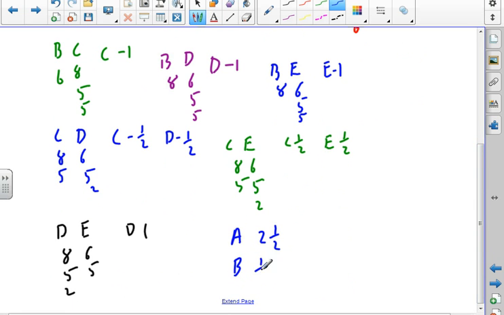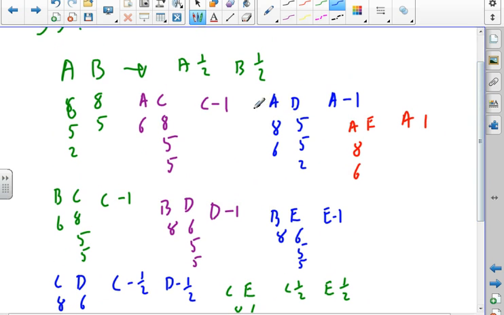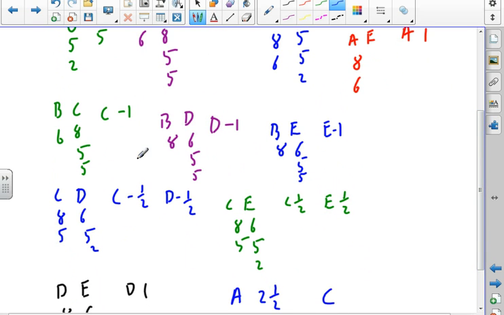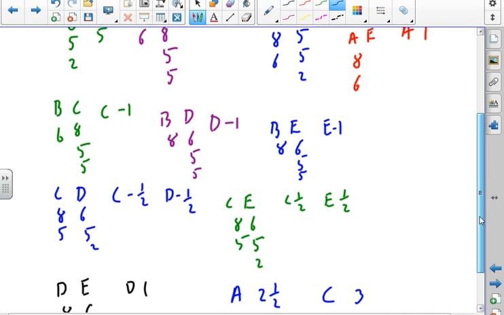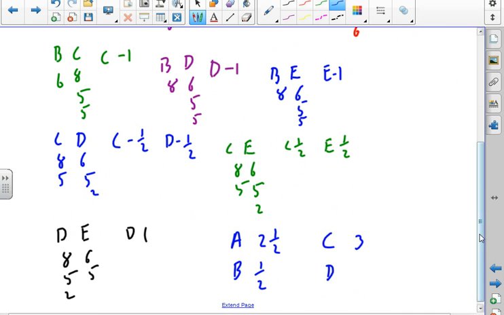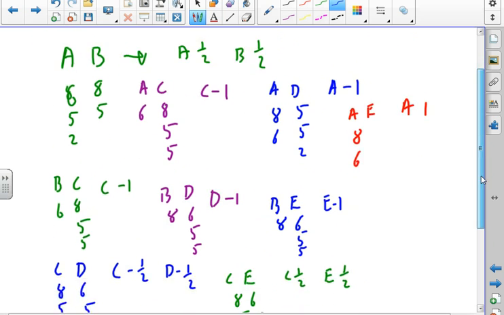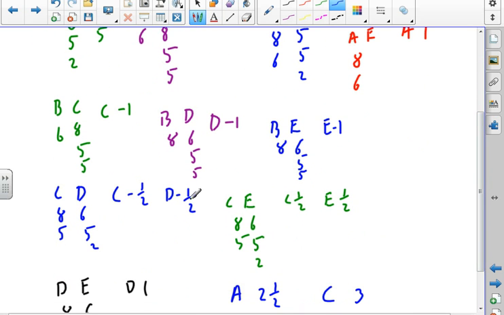C has 1, 2.5, 3. C has 3. D has 1, 1.5, 2.5.